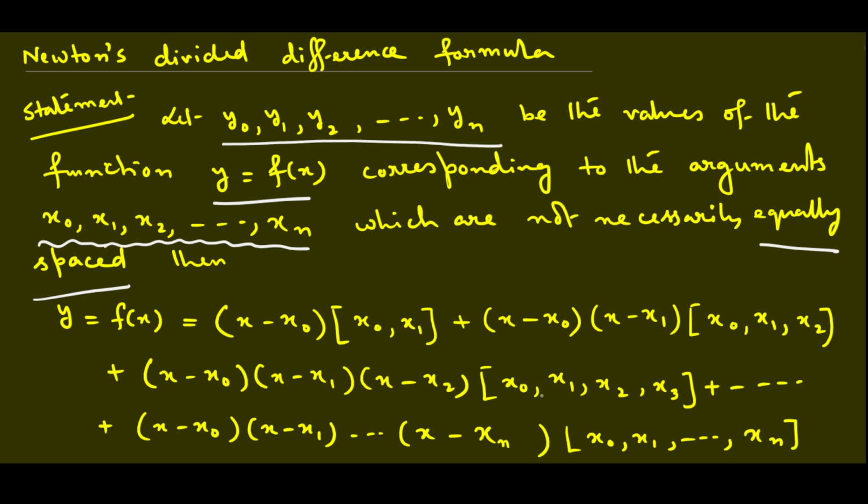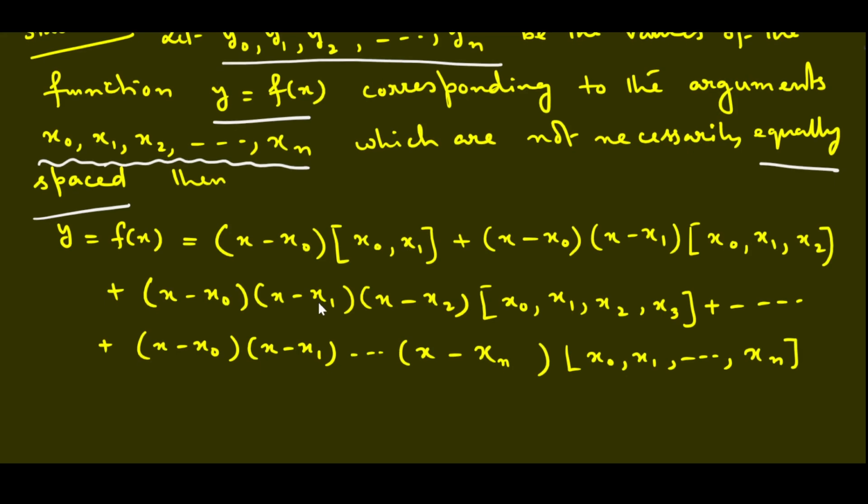Now what the formula says, y, or you can write f of x. So on the right hand side, what is the first factor? It's x minus x naught, into, so here there will be one more term, y naught plus x minus x naught. See, if we are writing one factor, then first divided difference.